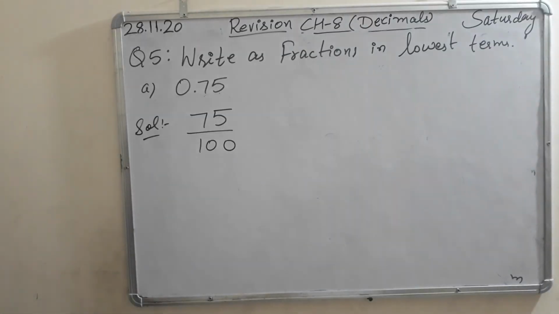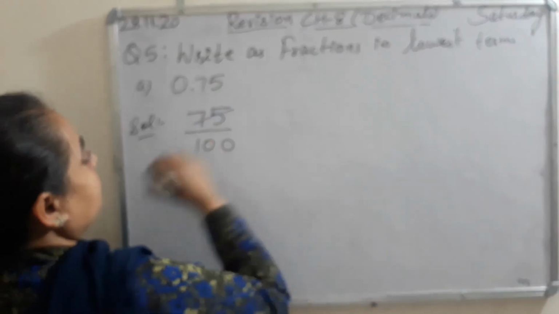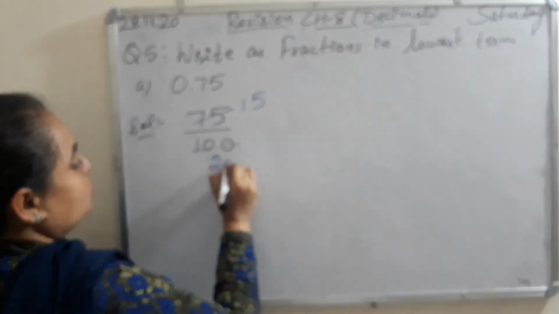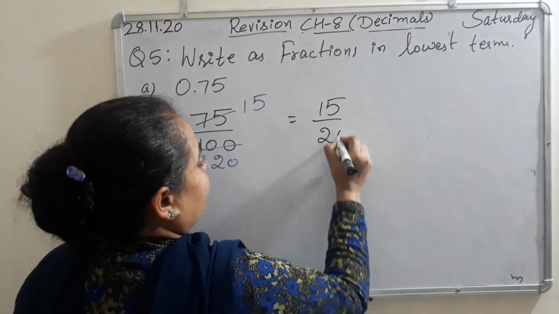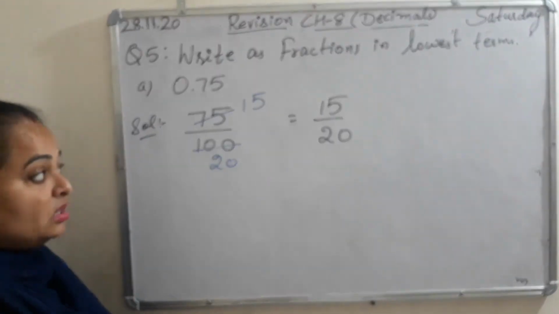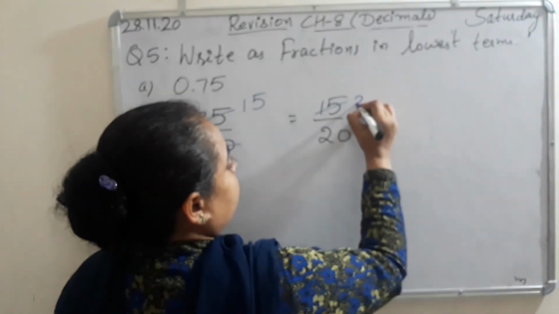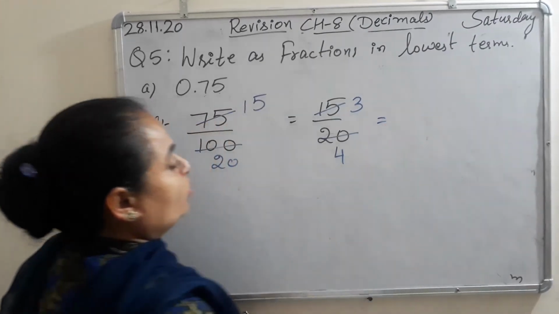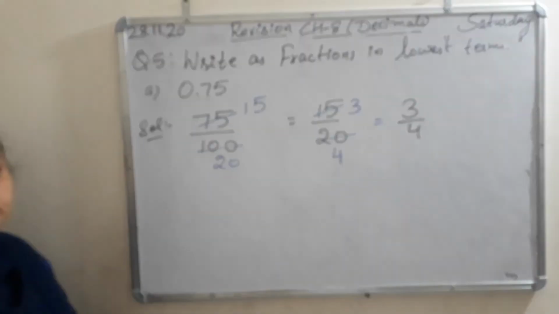Now cancellation in the table of 5, 15, 20. So 15 by 20. Again cancellation by 5. So you will get 3 by 4.